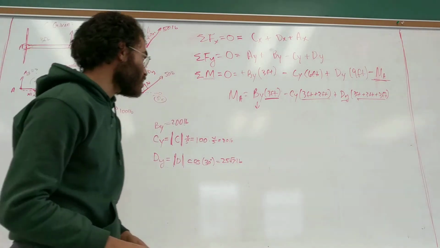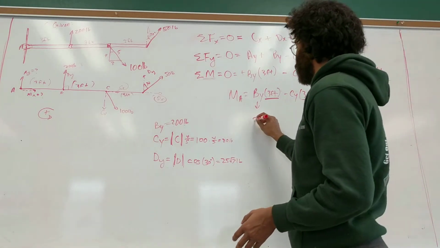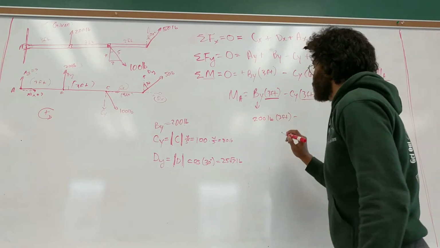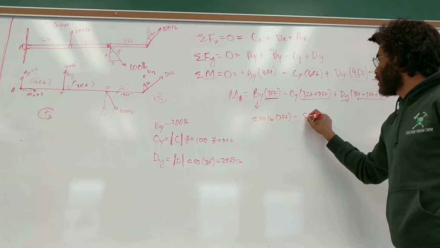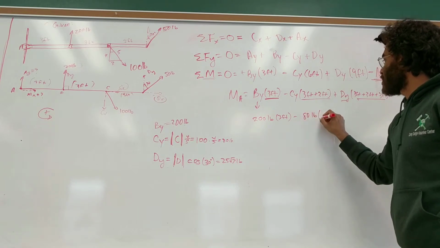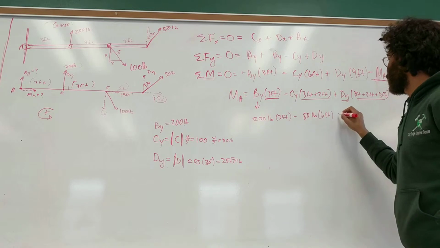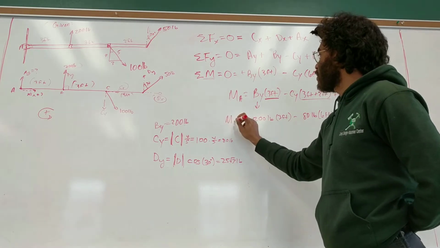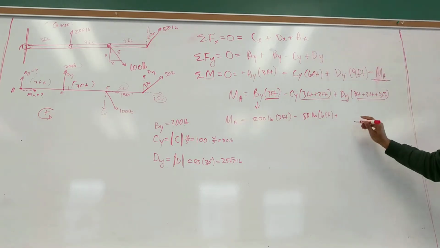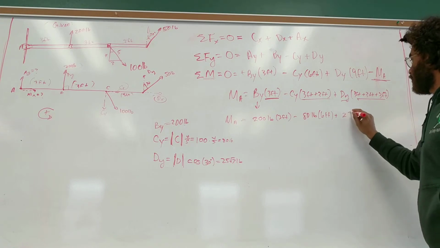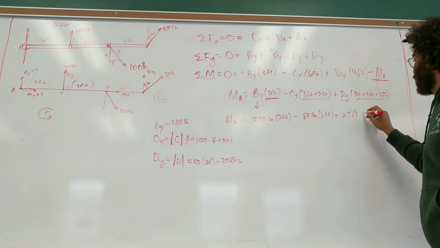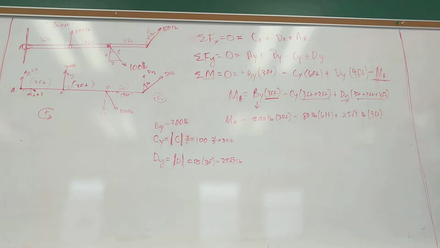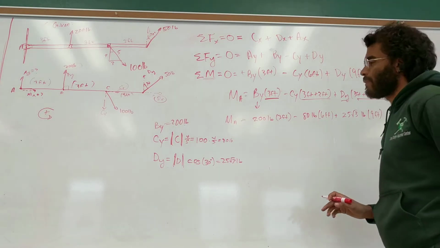Right? So now let's plug in our values here. So we get 200 lb times 3 feet, minus, and that'll be CY, so then we'll get 80 lb times 6 feet, and then we'll have plus, and remember this is equal to MA, right? Plus DY, which will be 25 root 3 lb times 9 feet. And here we are. We can solve for the moment about A now.